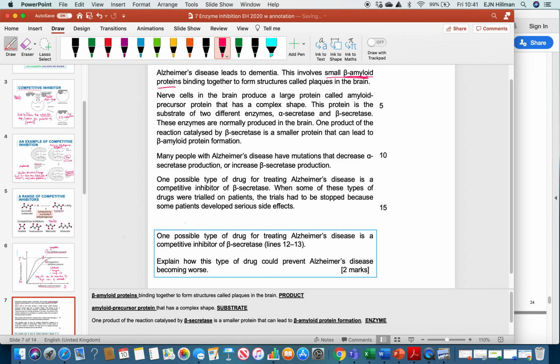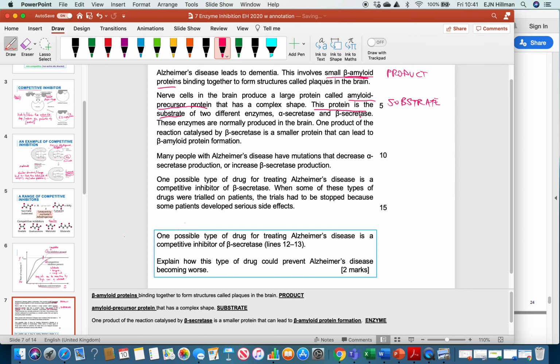Okay, those beta amyloid proteins, therefore we're going to consider the product. Okay, nerve cells in the brain produce large protein called amyloid precursor proteins that has a complex shape. Okay, this protein is the substrate. Okay, so it's identified it for us. So those amyloid precursor proteins are the substrates of two different enzymes, alpha secretase and beta secretase.